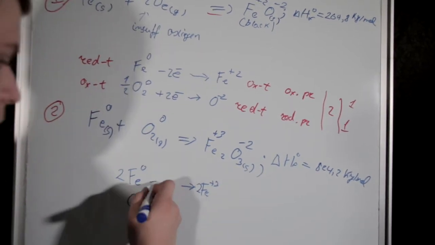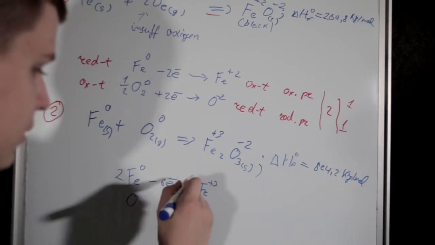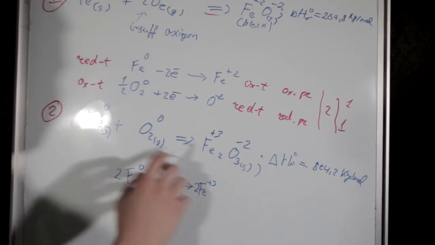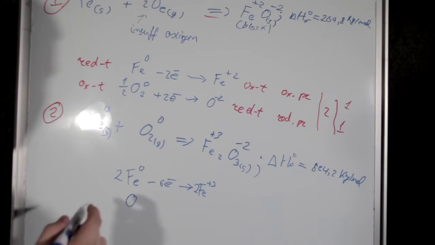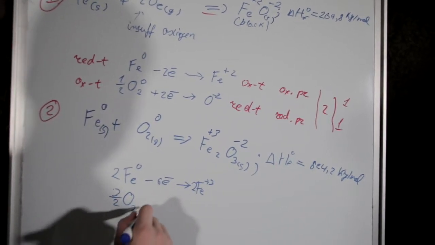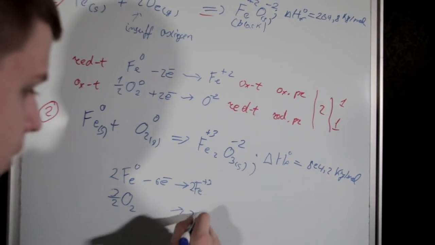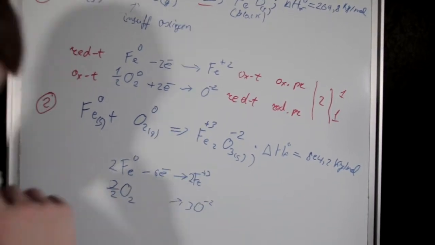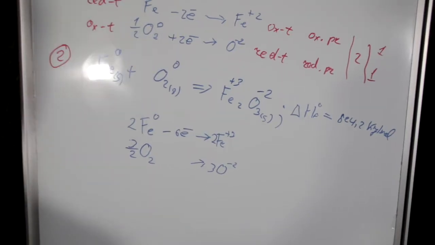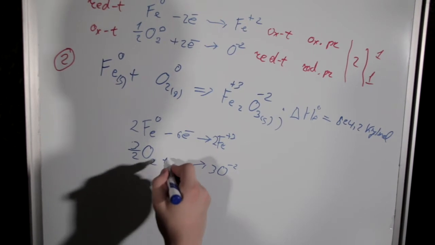It needs to give 6 electrons. And then here is 2, here is 3, 3 O minus 2. So in order for that, the oxygen needs the addition of 6 more electrons.